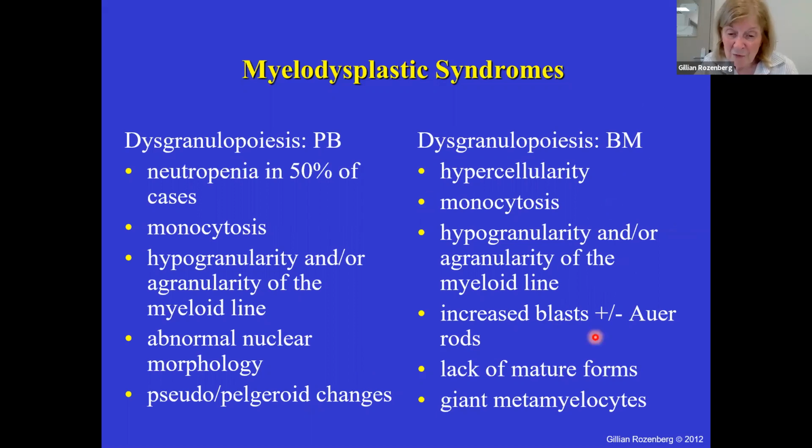We'll see a lack of mature forms, and we'll see giant metamyelocytes. So those of you who are very au fait with what you see in a patient with megaloblastic anemia, giant metamyelocytes are a feature of true megaloblastic anemia, but you can see these in myelodysplastic syndrome as well.